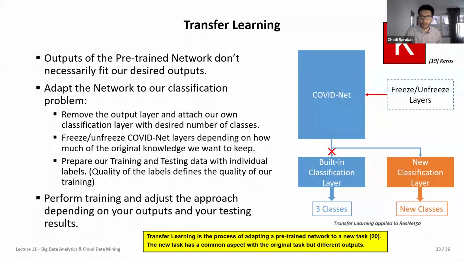If it performs well, great. If it doesn't, then we go back to the original model and unfreeze one of the layers, meaning that during training, that layer can also be changed based on the outputs from the classes and how close they are to the original data.